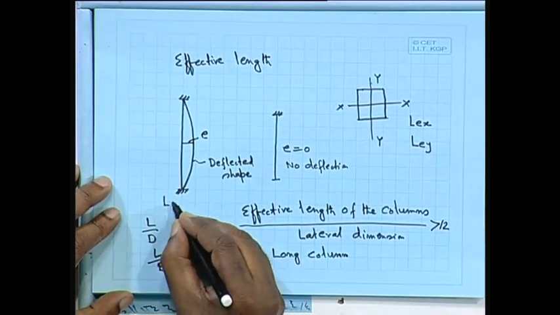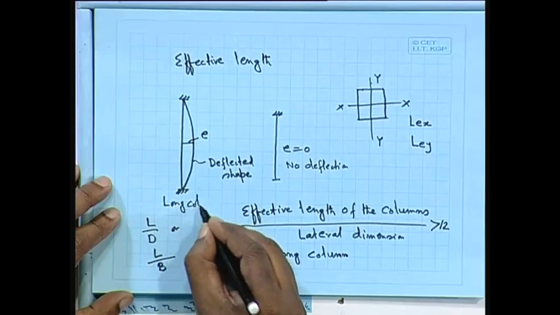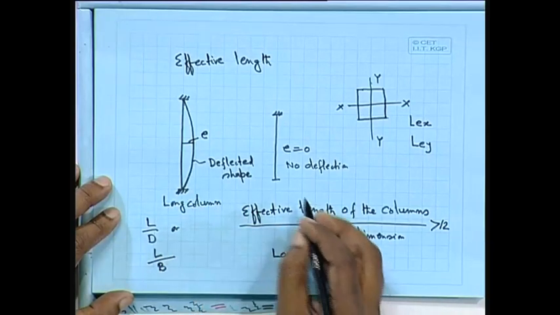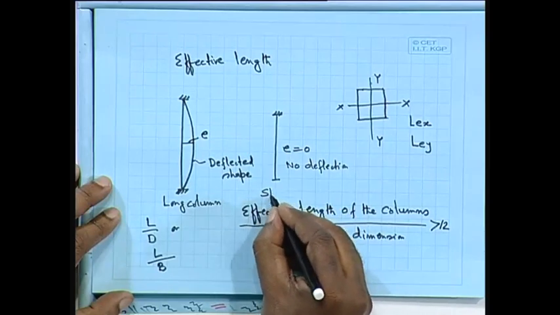So, this is our long column and this is our short column.